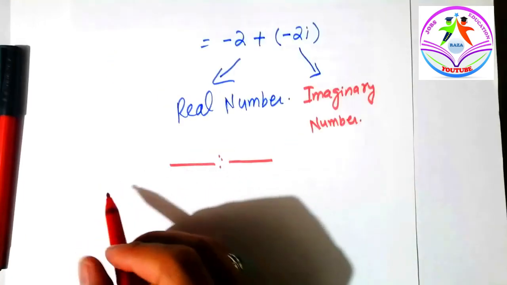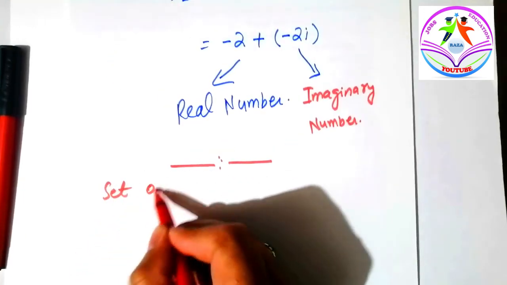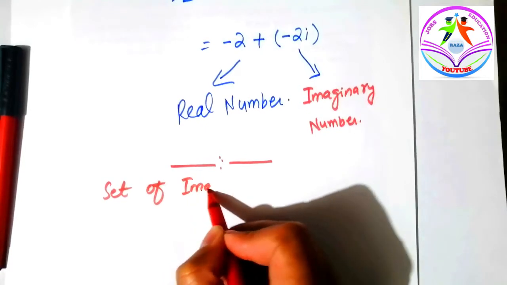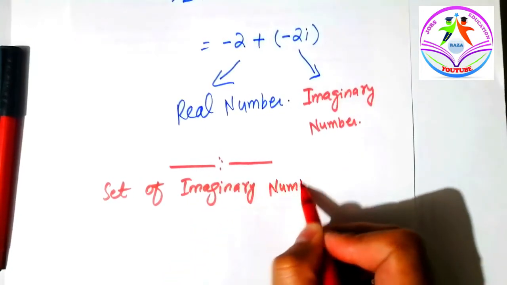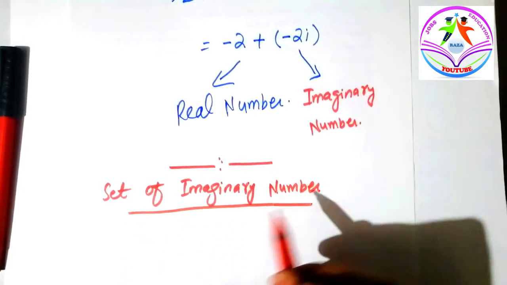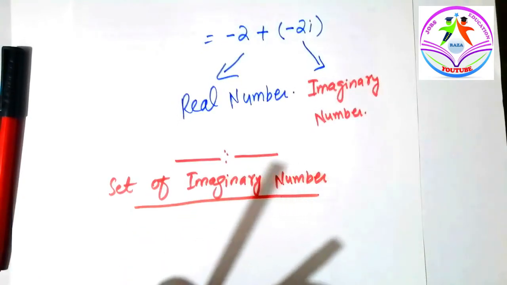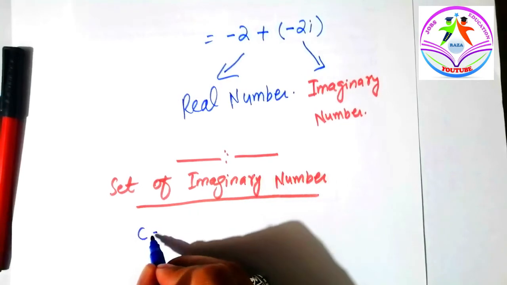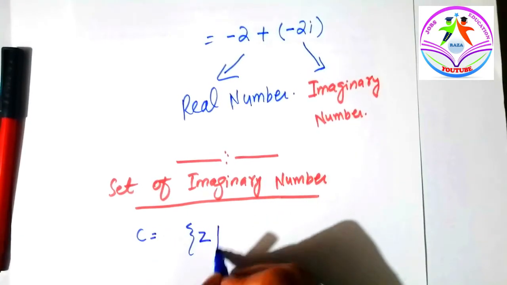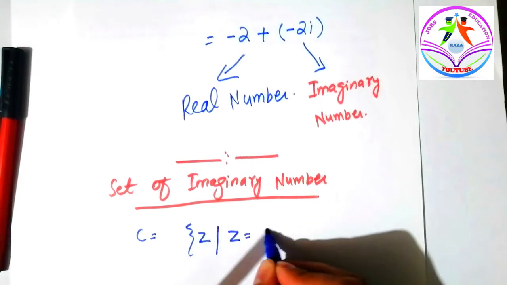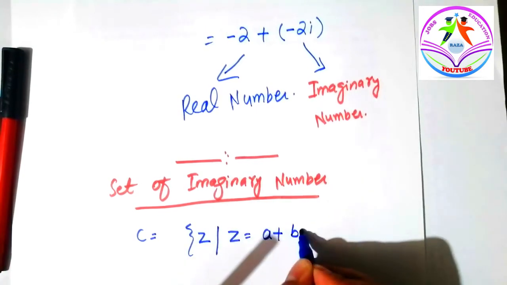How can we denote the set of complex numbers? We can conclude like that: C is equal to the set of z where z is equal to a plus b iota.